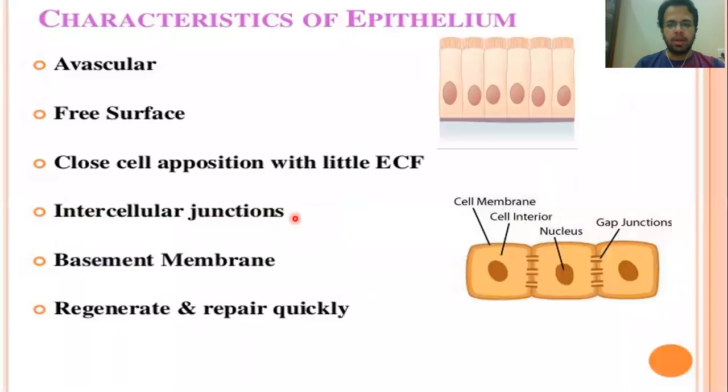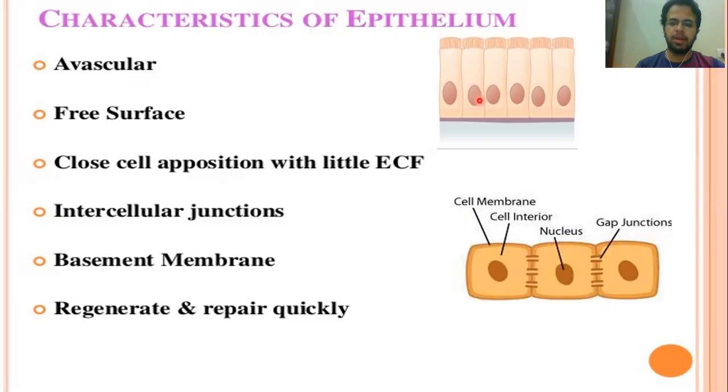Now, what are the characteristics of the epithelial cells? By which characteristics will you categorize that these cells are the epithelial cells? There are many cells in your body. Now, which cells will you categorize as the epithelial cells?